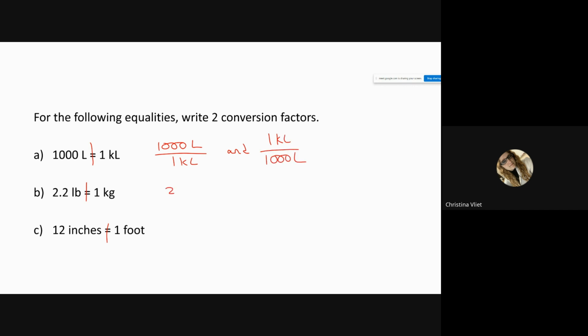Next one, 2.2 pounds over 1 kilogram, or 1 kilogram over 2.2 pounds. And then finally 12 inches over 1 foot, and 1 foot over 12 inches.